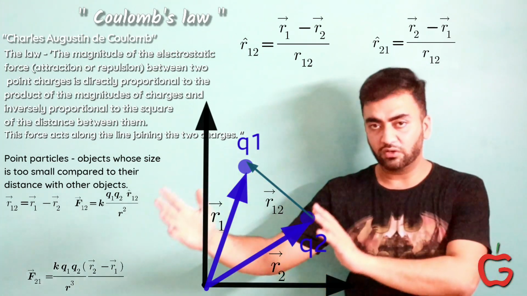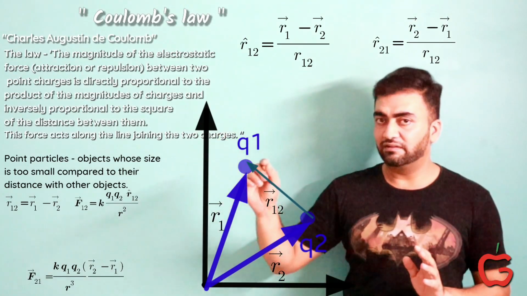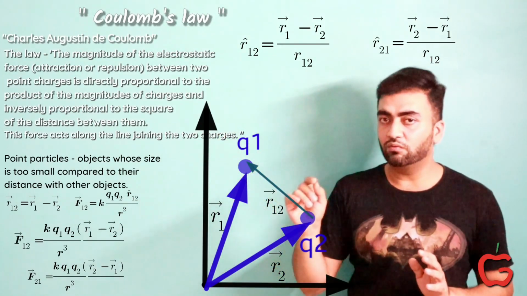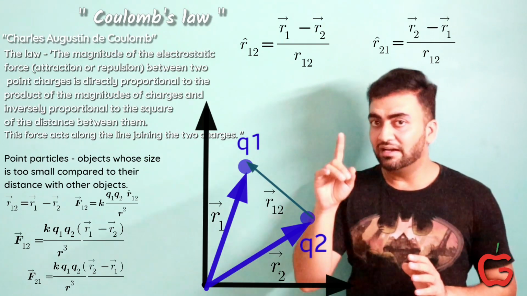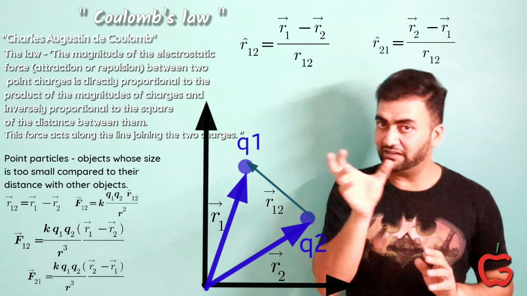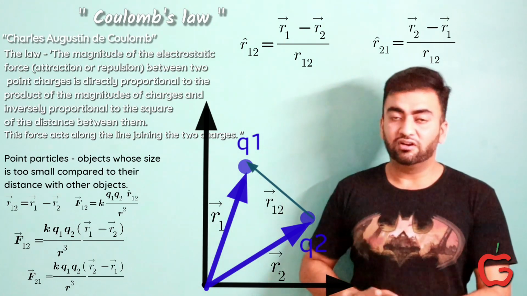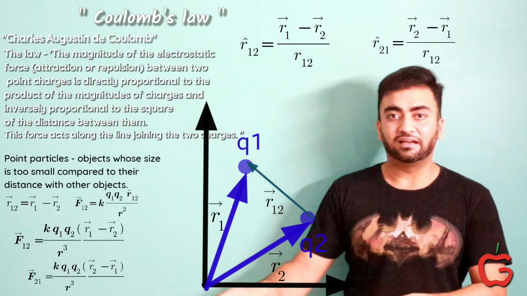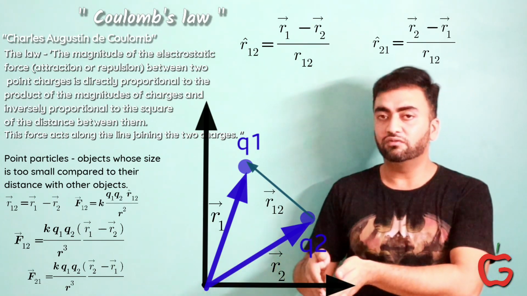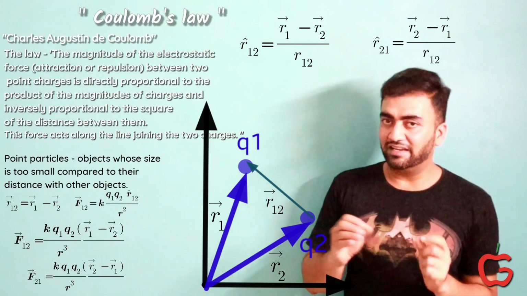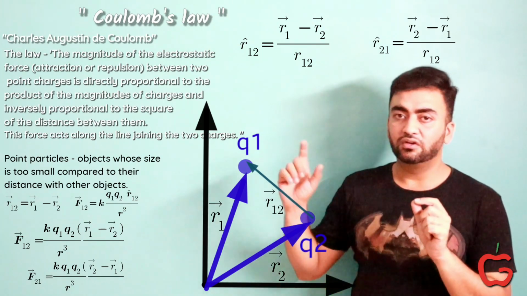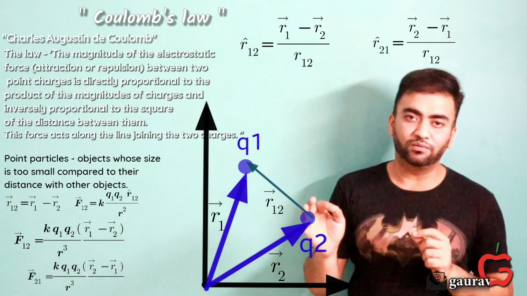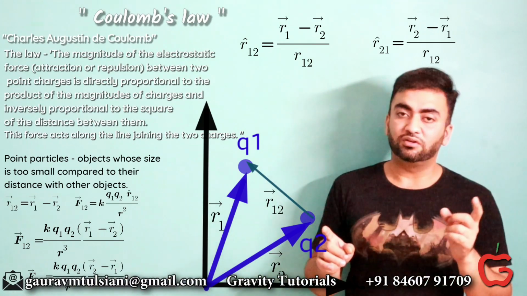Substitute this into Coulomb's law. So vector F becomes K Q1 Q2 by R square, R1 minus R2 vectors by R. So the denominator has an R square and an R. So both combine to form R cube. Okay. So finally the vectorial form of Coulomb's law is F equals K Q1 Q2 times R1 minus R2 by R cube.